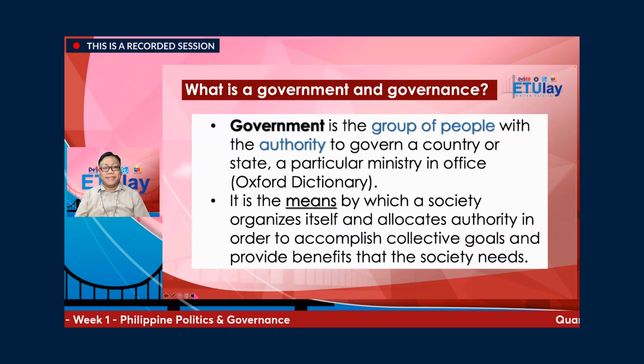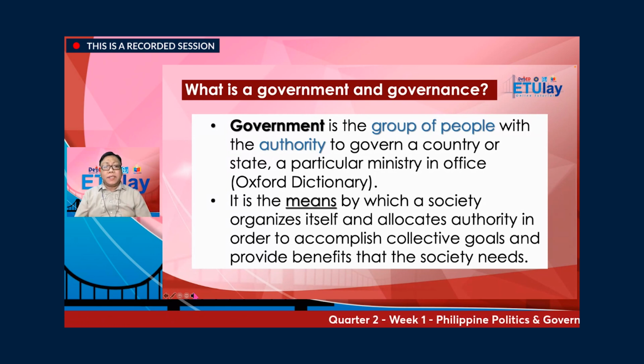So, what is a government and governance? Pareho lang ba sila? So, government is the group of people with the authority to govern a country or a state, particularly ministry in office, according to the Oxford Dictionary. And it also means by which a society organizes itself and allocates authority in order to accomplish collective goals and provide benefits that the society needs.